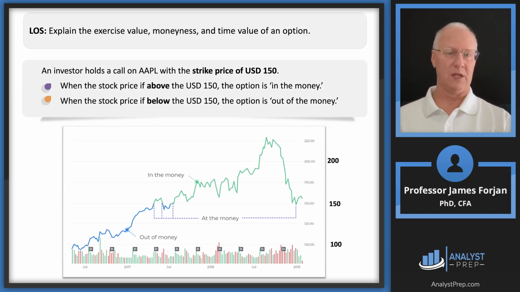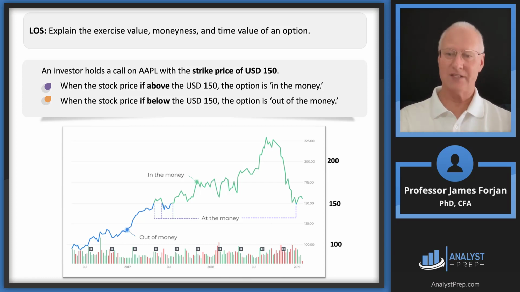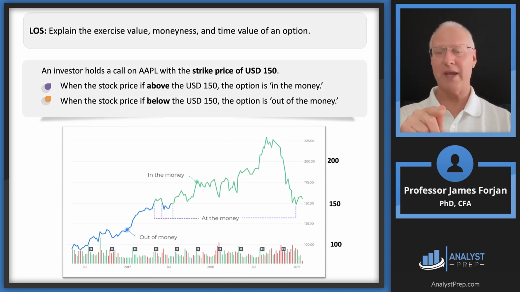Notice in the blue line, this is when the stock price is less than 150, so that's out of the money. Then in early July or whatever that is, it's a little bit above, so there's some green, so it's in the money for a little bit. Then it's out of the money, and then it's in the money for green all the way.